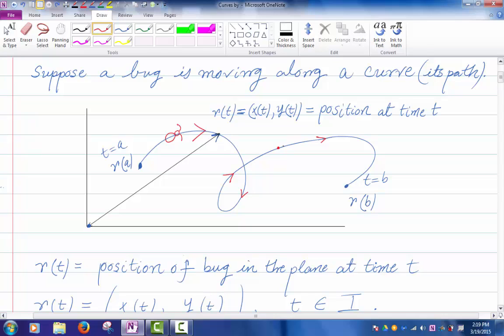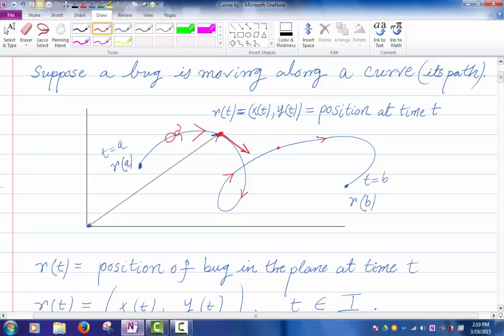So at time t, this is the position at time t. What would be the velocity? Well, if the object is moving in this direction, then the velocity would be tangent to the path. That's the direction of movement. So the velocity would be given by the tangent vector.